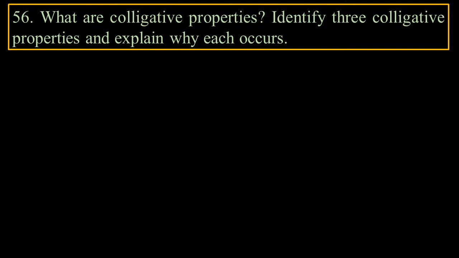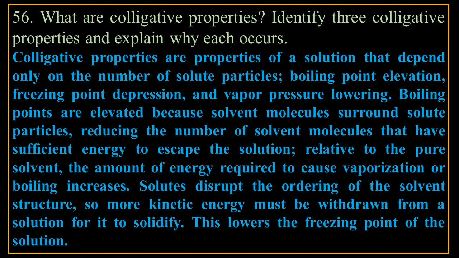Now, what are colligative properties? Identify 3 colligative properties and explain why each occurs. Colligative properties are properties of solution that depend only on the number of solute particles: boiling point elevation, freezing point depression, and vapor pressure lowering. Boiling points are elevated because solvent particles surround solute particles, reducing the number of solvent molecules that have sufficient energy to escape the solution.